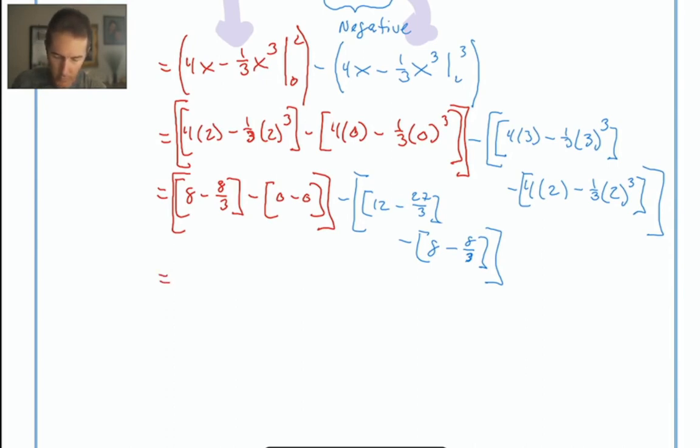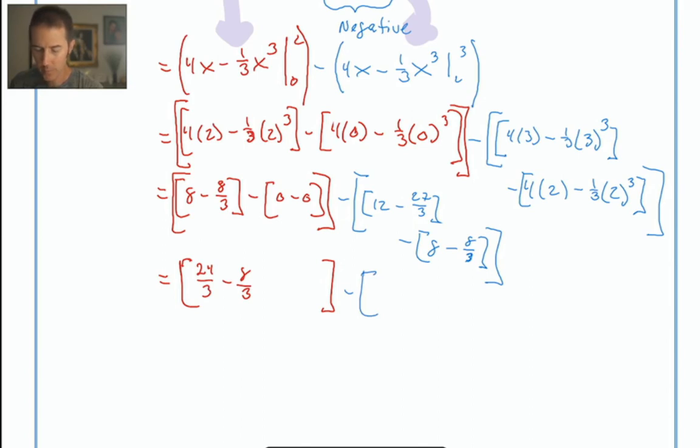This is now equal to 8 minus 8/3. 8 is the same thing as 24/3. We're subtracting 8/3 minus the 0, so I'm going to skip that. Minus, I've got 12 minus 27/3.